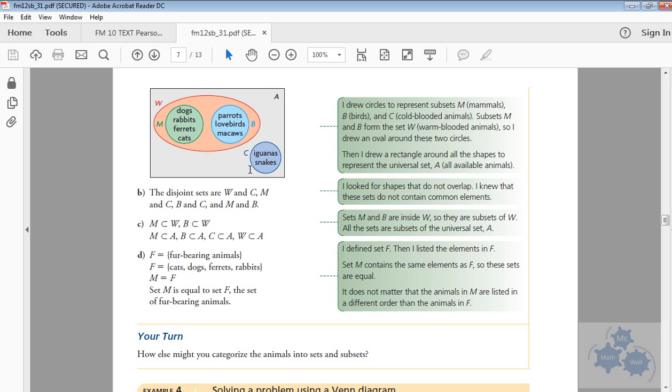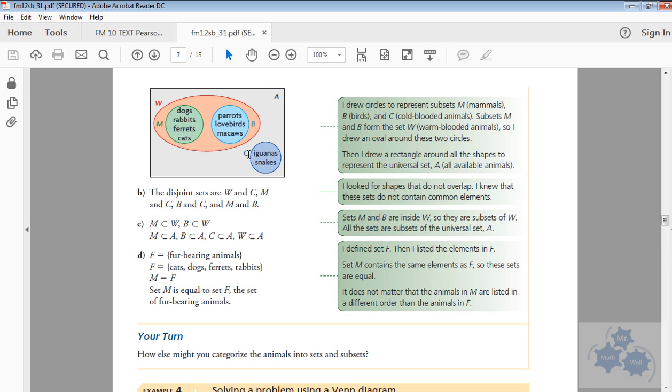Over here is the cold-blooded subset. Inside the warm-blooded subset, there are two more subsets, mammals and birds. So this is a way to organize all of this, and you can see the categories neatly, and what the subsets are.